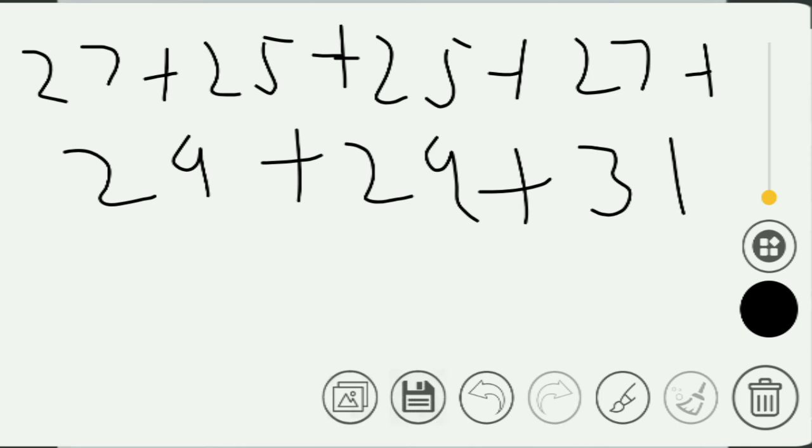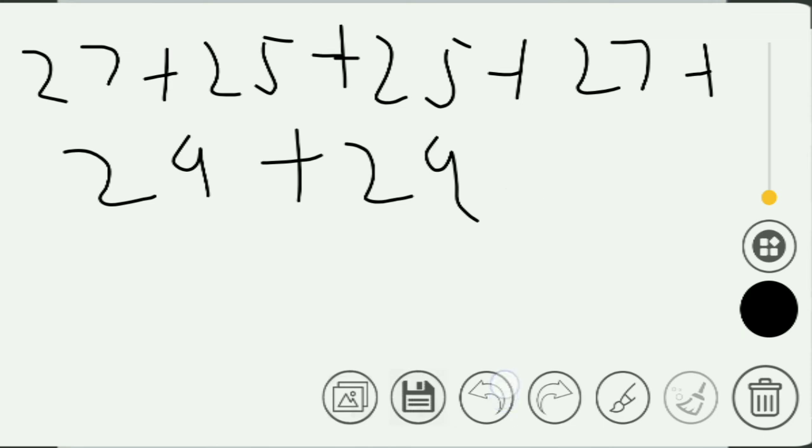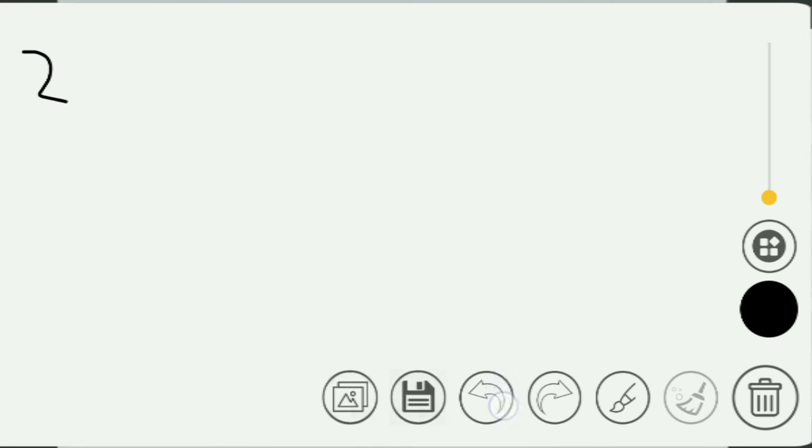We divide it by 7 because all the numbers are 7. As you can count here, 1, 2, 3, 4, 5, 6, 7. So we divide by 7. The answer is 193 over 7. This is the final answer.